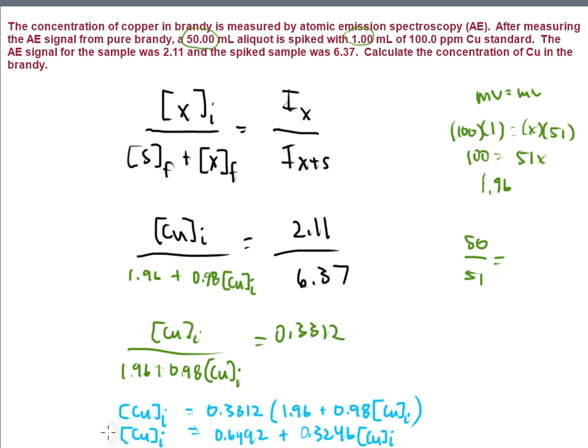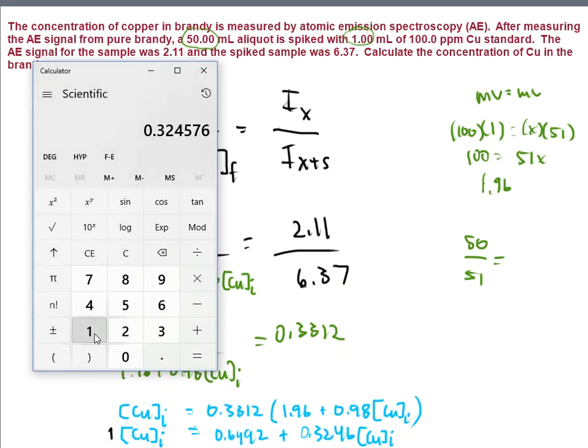So again, I understand that there is a 1 here out in front, and that 1 is subtracted with 0.3246. So 1 minus 0.3246 equals 0.6754.